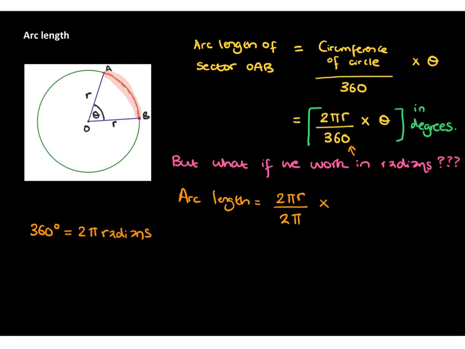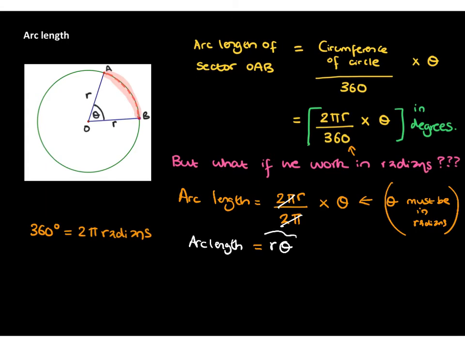And then of course I multiply by theta, but what I have to be very clear about is theta must be in radians for this to work. You can see some very obvious simplification here: 2 pi and 2 pi cancel, leaving you with r theta. So arc length of a sector is equal to r theta when we're working in radians.